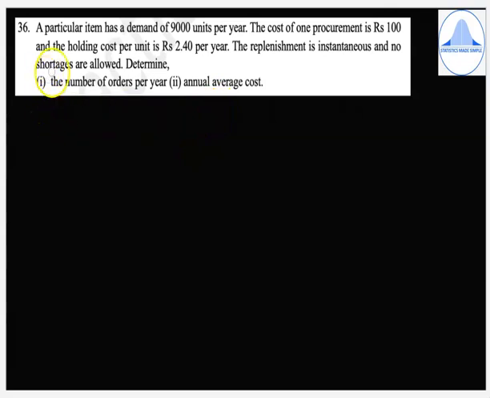So this is a problem on inventory theory, and as shortages are not allowed, it is model 1, that is without shortages. So let us write the data which is given. Given demand is denoted by R, which is equal to 9,000. Then the cost of one procurement, that is C3, is equal to rupees 100.